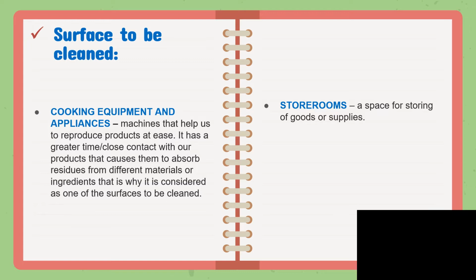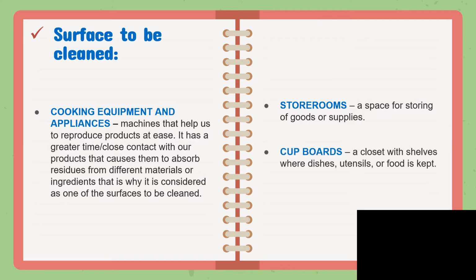Pagkatapos, kung mayroon tayong storerooms for our ingredients, okay, the last is the cupboard, a closet with shelves where dishes, utensils, or food is kept. So, kung meron tayong storeroom, meron din tayong cupboards. Ano ba yung cupboards?